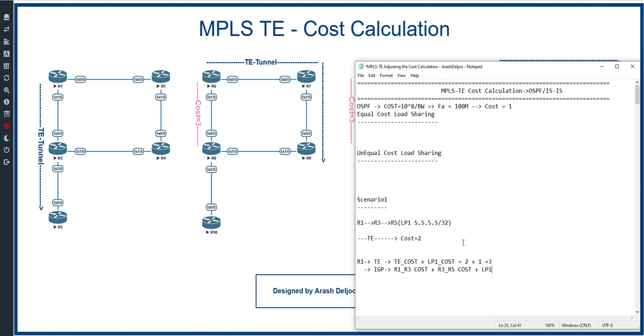Let me calculate this cost. The result is 1 plus 1 plus 1, equal to 3. As you can see here, we have two paths with the same metric. First is the TE tunnel path, and the second is the IGP path.